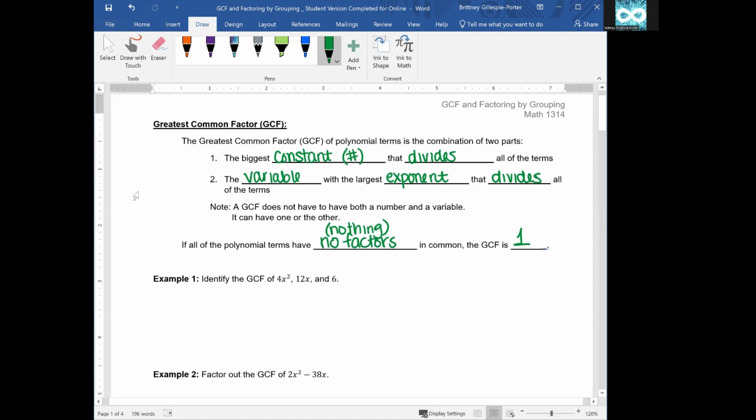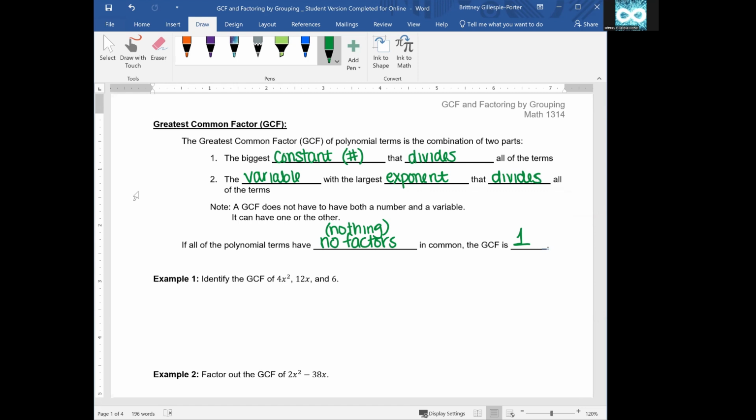So let's look at the first example. We're going to identify the GCF of 4x squared, 12x, and 6. So we're going to start with the constant part of our GCF, or our number part of our GCF, because that tends to be the more difficult part.